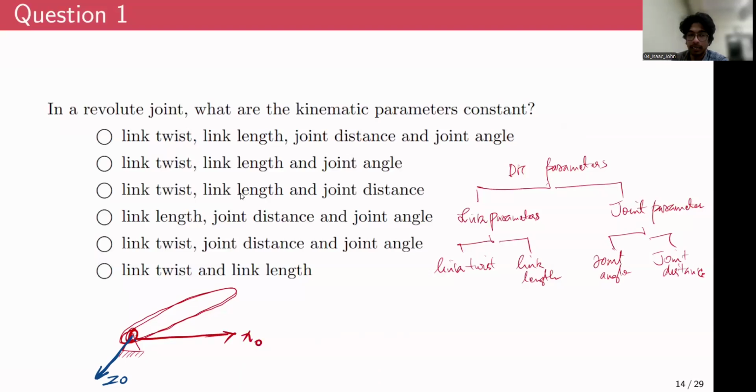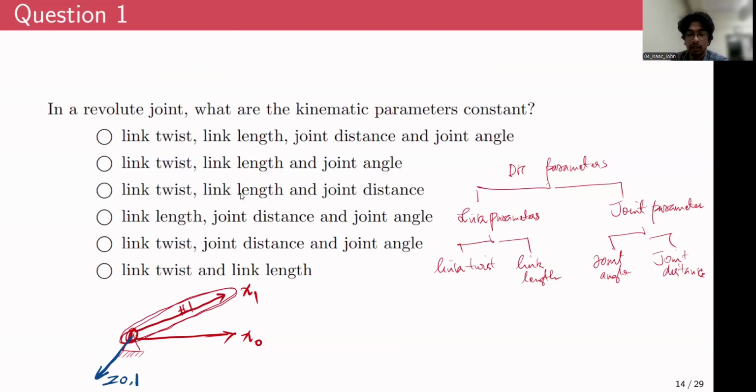That frame of reference is attached to the ground. And we should have one more frame of reference attached to this rigid body 1. So X1 would be along the link length, and Z1, since it is perpendicular to the board, would also be something like this.